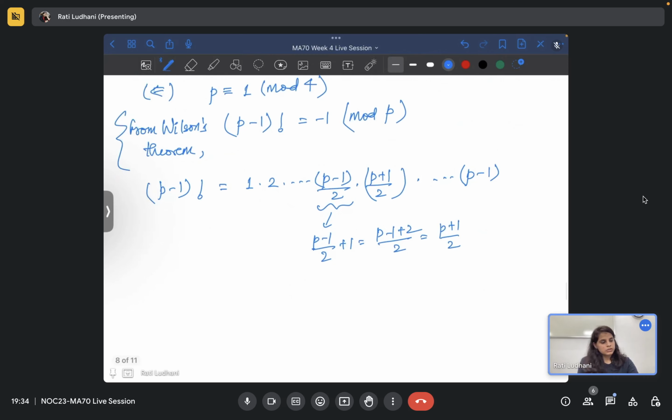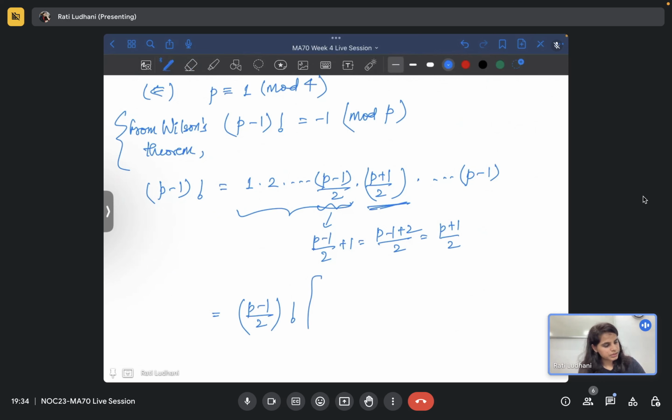Note that (p minus 1) by 2 factorial is well defined, because p is not equal to 2 and p is a prime, so it has to be an odd prime, so (p minus 1) by 2 makes sense. This will be an integer. Now, what can you write this to be? So I'm doing this, p minus 1 minus, okay.